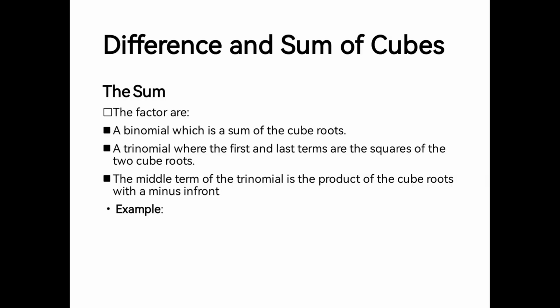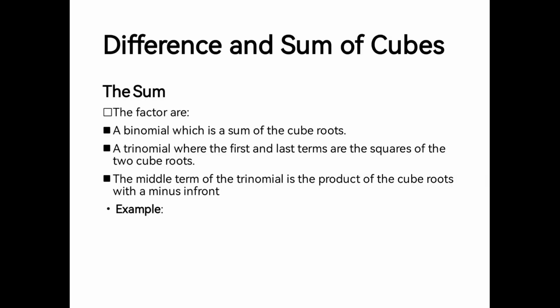Let us first look at the sum. The factors are as follows. First, if we have a difference and sum of cubes, we're going to look at a binomial multiplied by a trinomial. Now, the binomial will consist of the cube roots of the cubes. And then the trinomial will be constructed straight away from those cube roots.